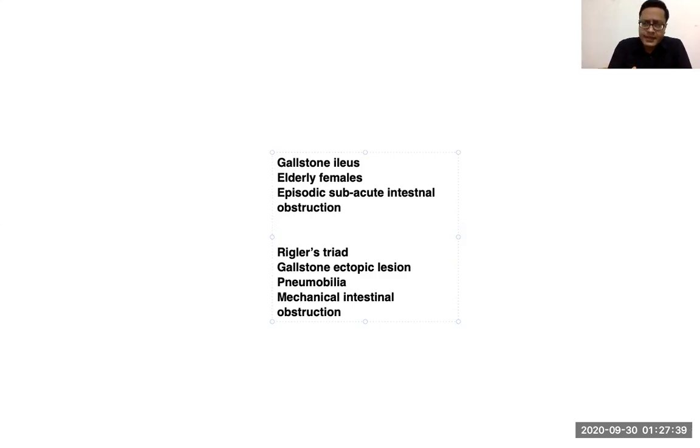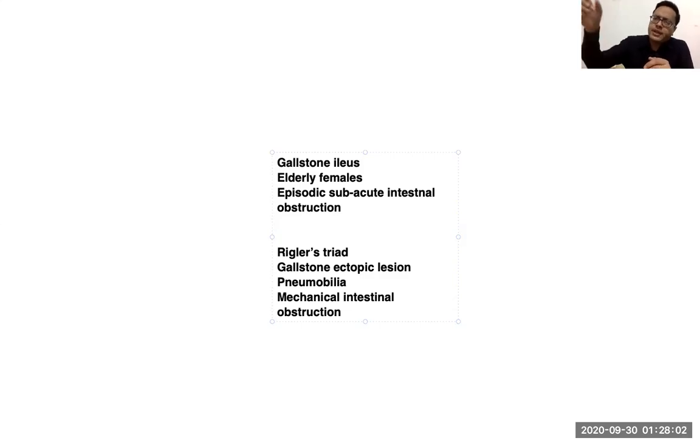That means recurrent acute cholecystitis, which causes adhesion in the surrounding structures of the biliary system, followed by formation of a fistula between the biliary system and the enteric system, the small intestine, particularly the duodenum: a cholecystoenteric fistula, cholecystoduodenal fistula.